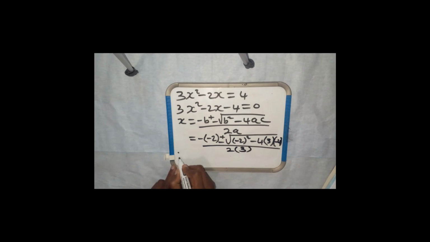Right, therefore x is equals to, let's use our calculator. Now it's gonna be negative negative 2 plus square root negative 2 squared minus 4. Where there is a, we put 3 times negative 4, all over 2 times 3.